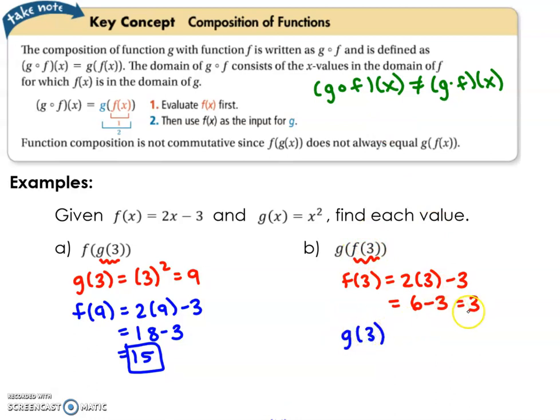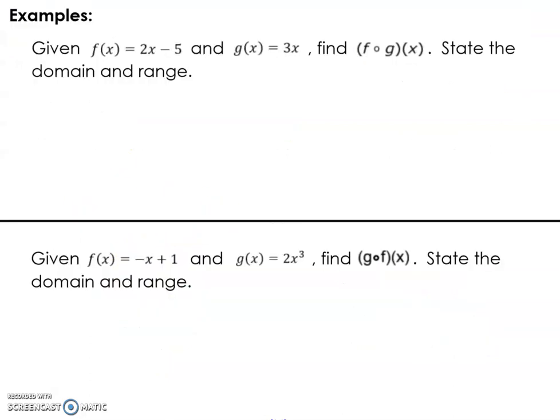So this 3 is coming from here, just like this 9 came from there. So g of 3 is going to be 3 squared, which is equal to 9. So our final answer is the second thing that we get, because that's what we got when we plugged in the interior function. So sometimes you'll see something like this where there are numbers to plug in, which is very nice.